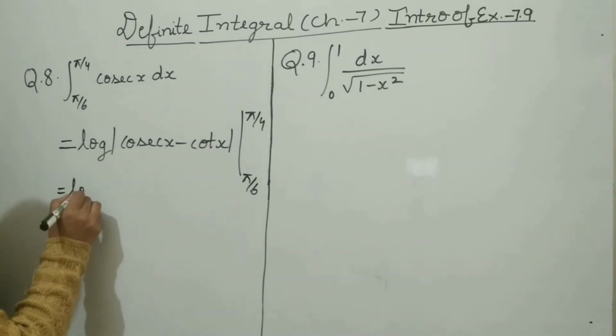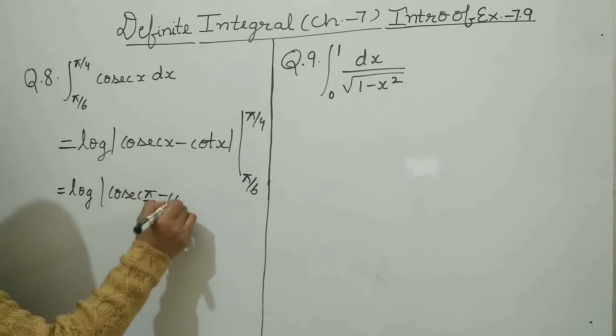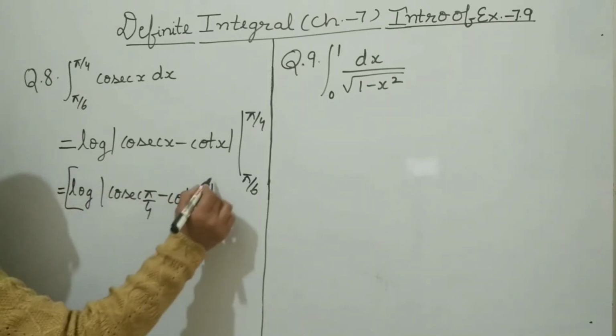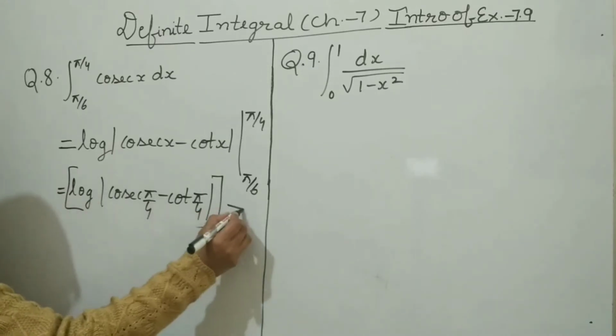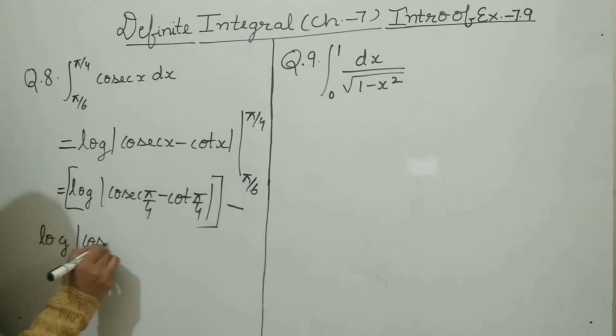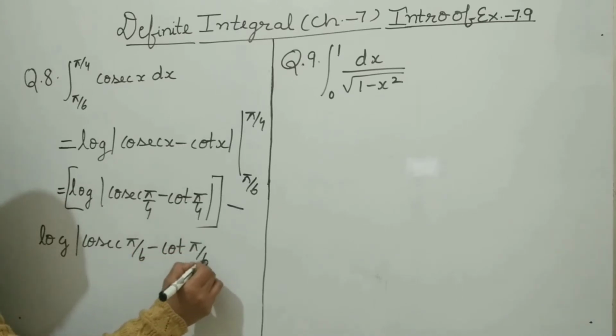So log of cosecant pi by 4 minus cot pi by 4, close it in the bracket, then take a negative sign for the lower limit, log of cosecant of pi by 6 minus cot pi by 6.